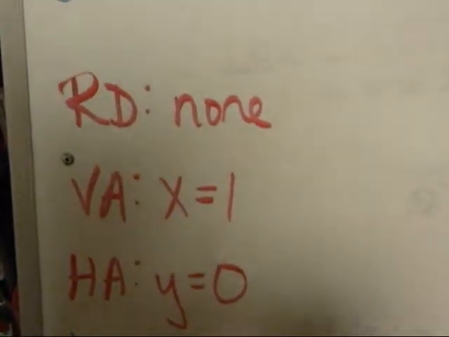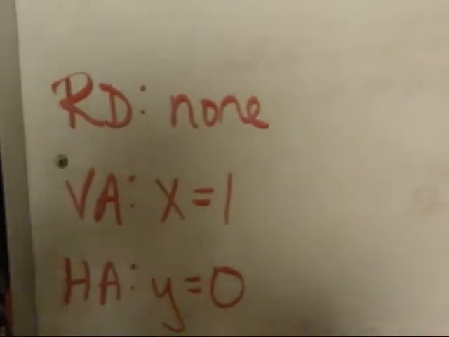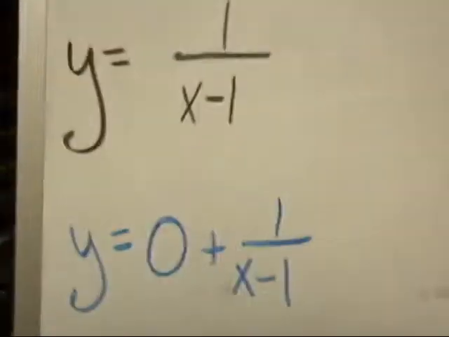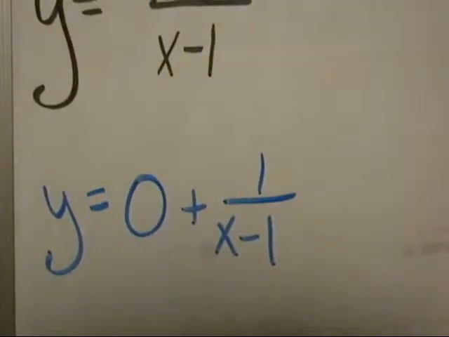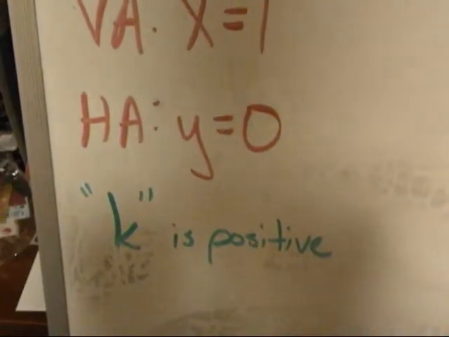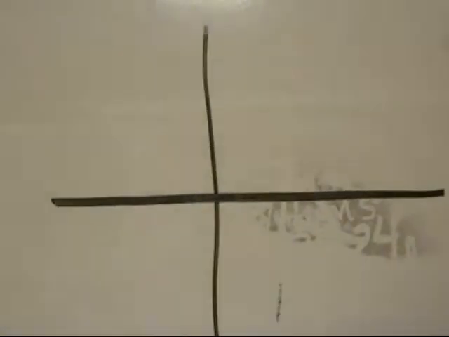The vertical asymptote is at x equals 1. The horizontal asymptote is at y equals 0. Lastly, the k value, the numerator, it's positive. Do you remember where that tells you that your branches live? Let's look. Here's my coordinate axes.